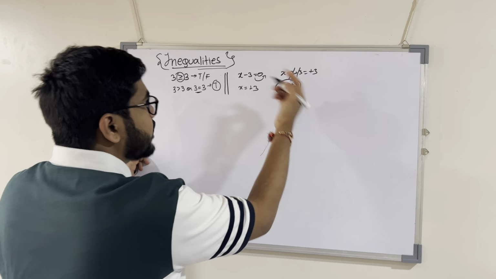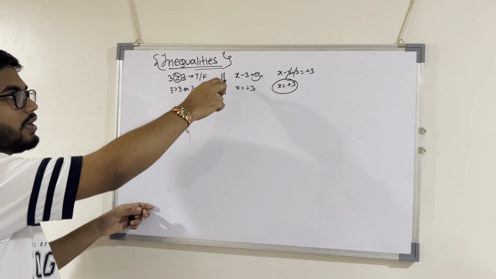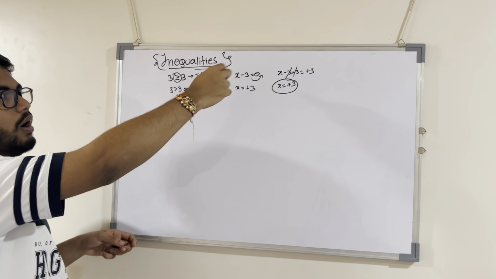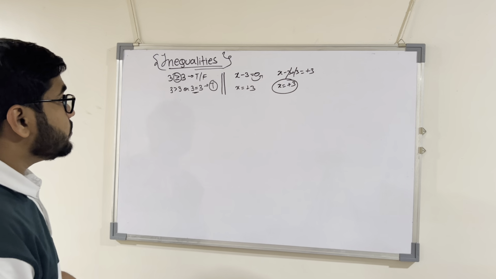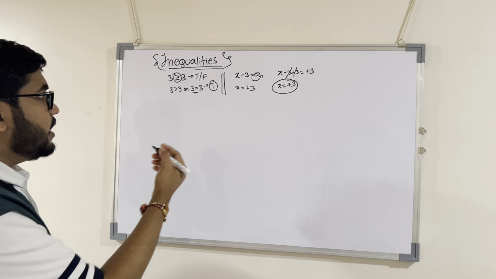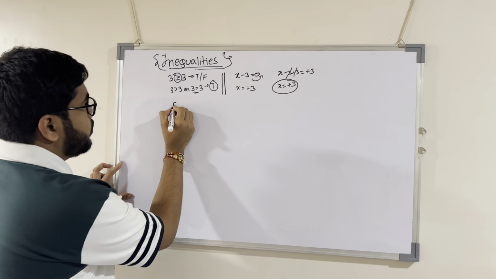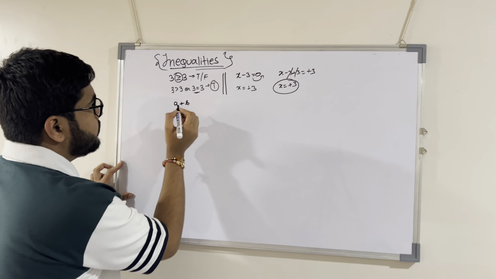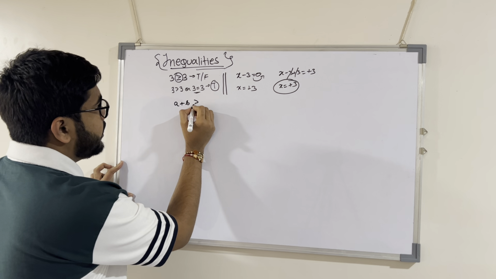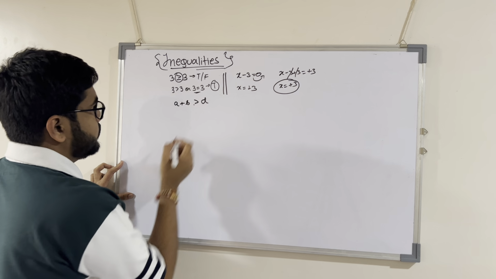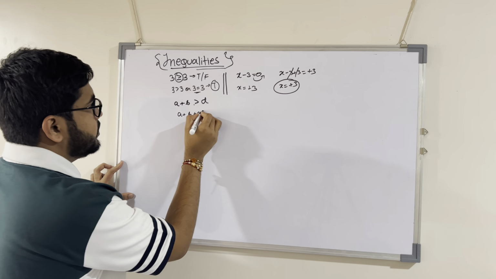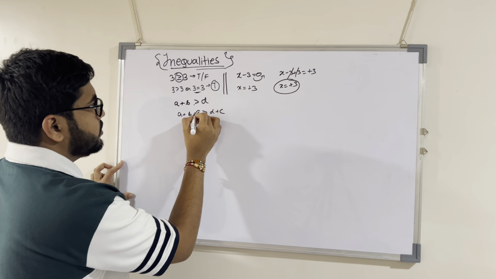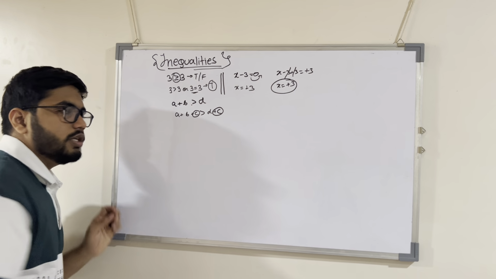This is how it actually works, and it is not like you go across the equal to sign and the sign will change. Okay, so the same applies in inequality also. Now suppose there is a plus b is greater than d. Then a plus b plus c is greater than d plus c, because this is the same constant we are adding on both sides of it.